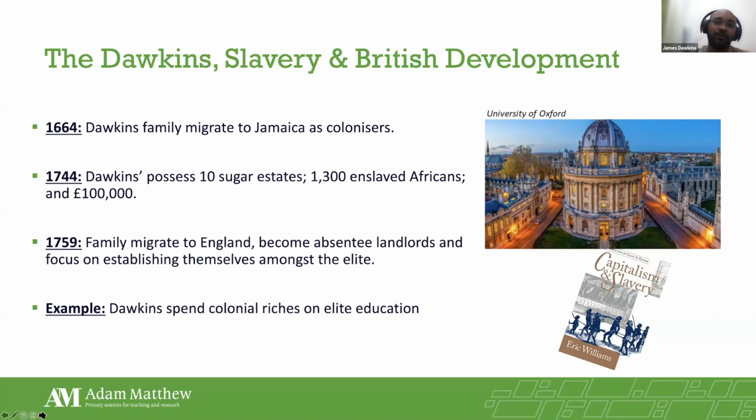However, they're not an exceptional family either. There are many other slave owning families who migrated back to Britain and spent their African produced fortunes on attending England's most prestigious schools, colleges and universities, with often more than one generation appearing at these places of elite study.